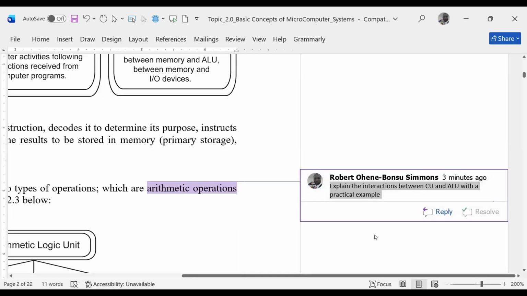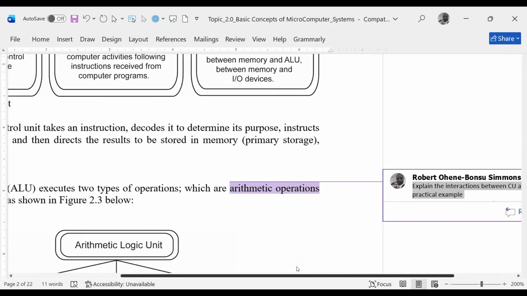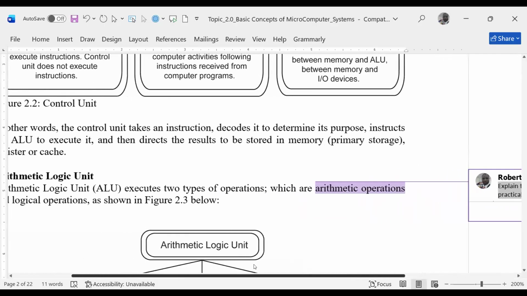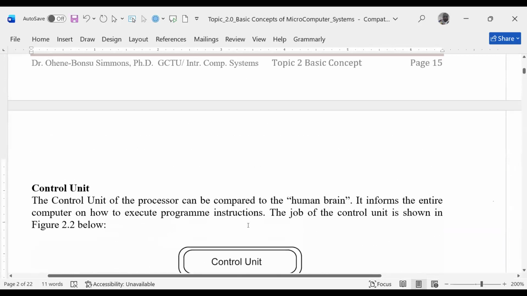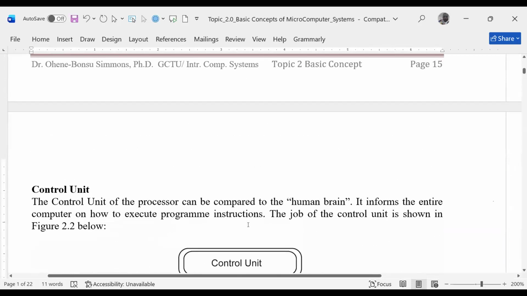For my simple understanding, it is for managing operations inside the CPU. Okay, inside the computer system. Yes. The CU manages operations inside the system unit or inside the computing.